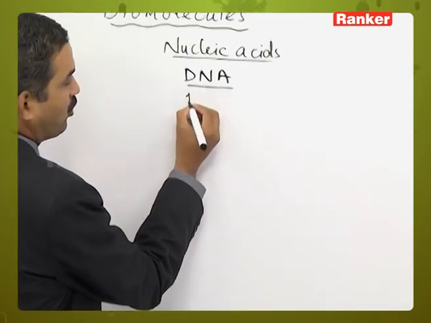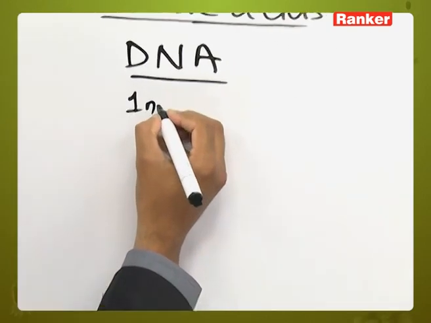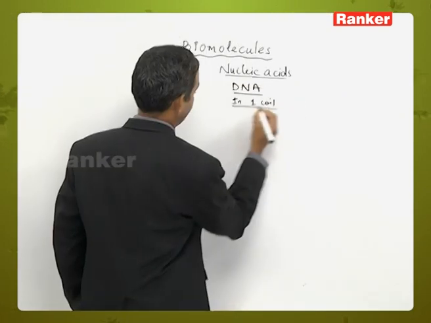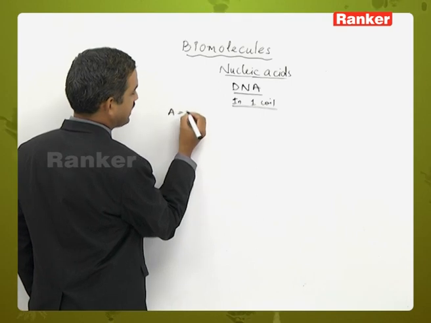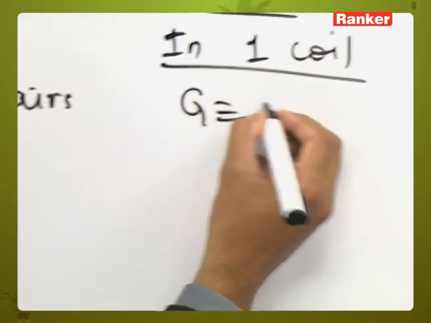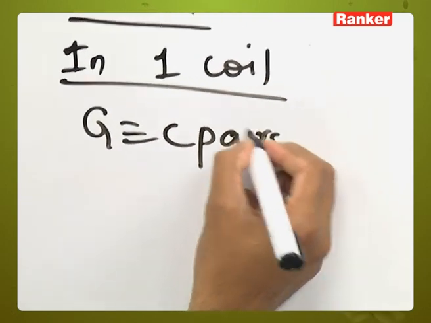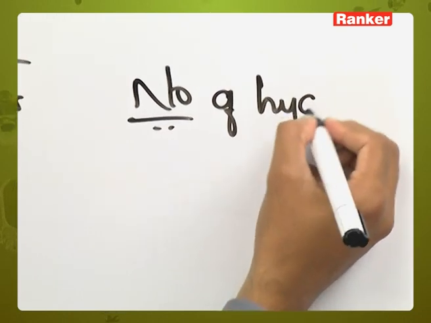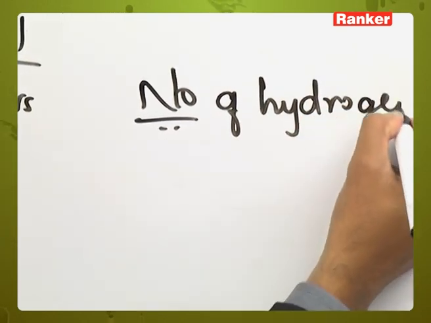Consider in one coil: AT pairs, GC pairs, number of hydrogen bonds.